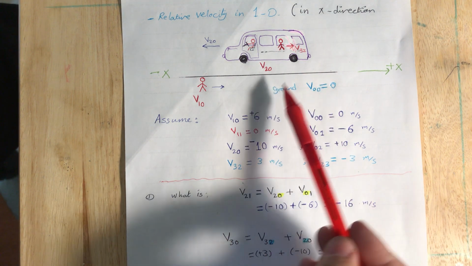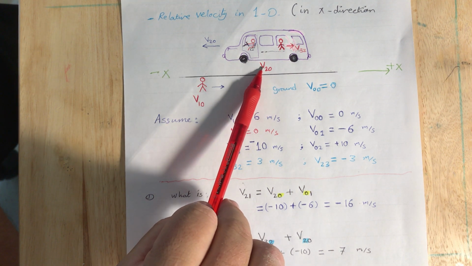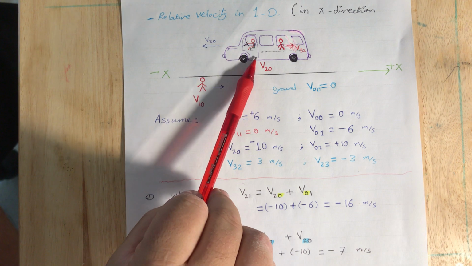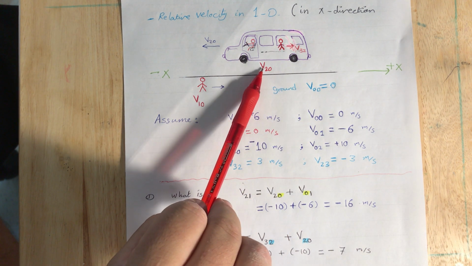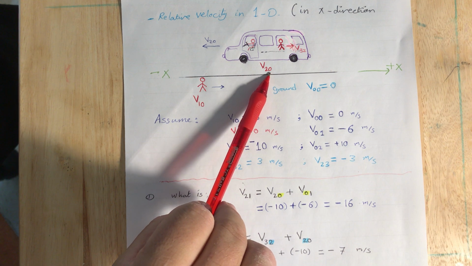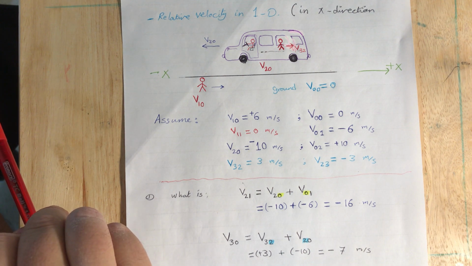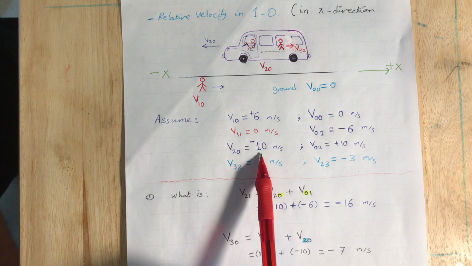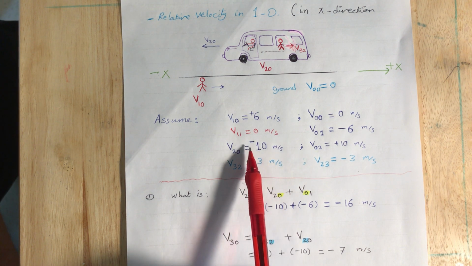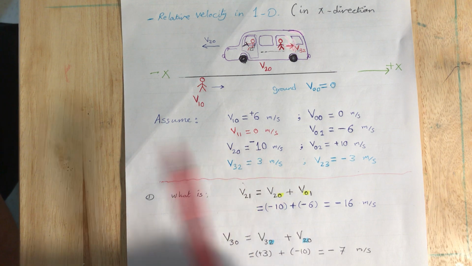Okay, for the bus, I named it 2, and its velocity is v2. Its velocity with respect to ground, which is the reference, is v20. Its velocity is in the negative x-axis in our representation. Then I give it a magnitude of 10 meters per second, but because it is in the negative x direction, I give it a minus sign.